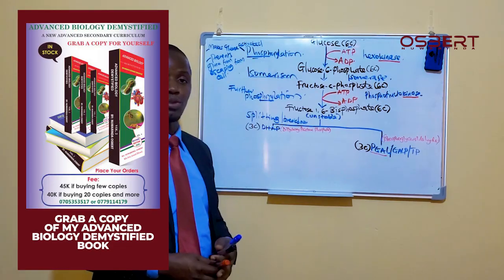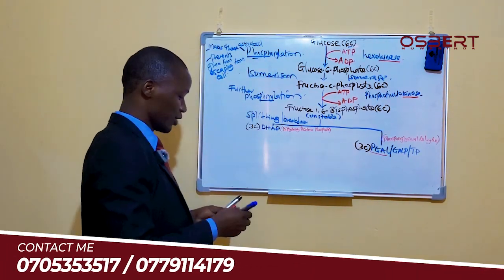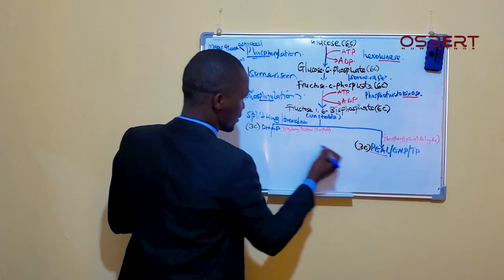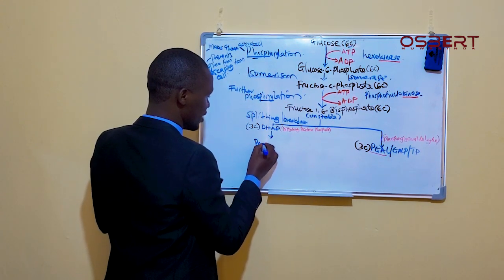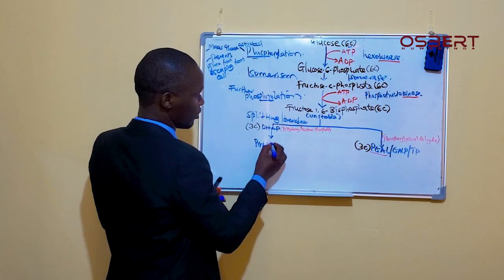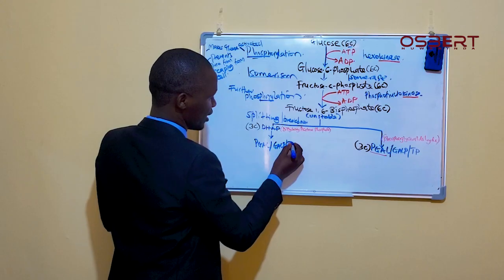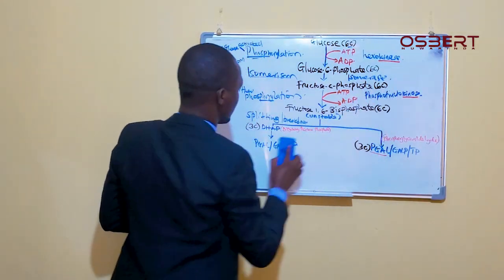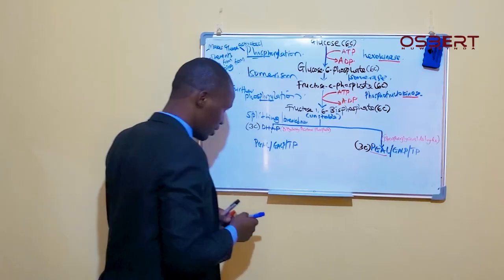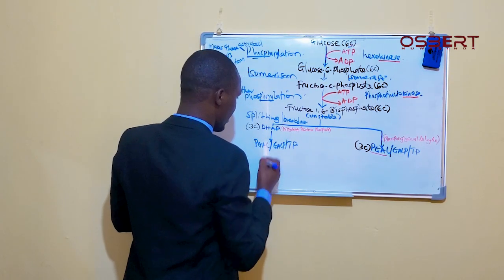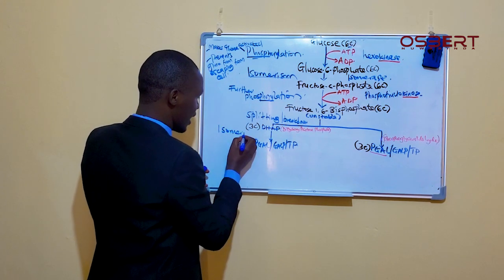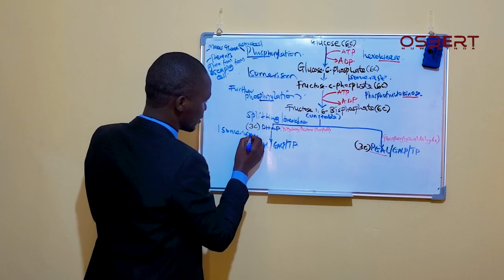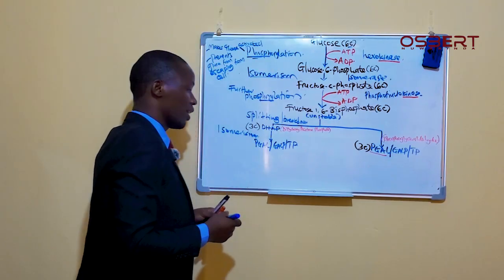However, this DHAP, after it has been formed, quickly undergoes isomerism, and after it has undergone isomerism, it will form PGAL, what we have also called GALP, what we have also called TP.